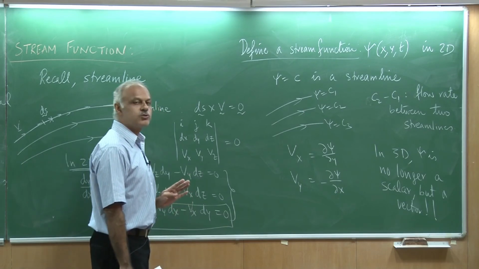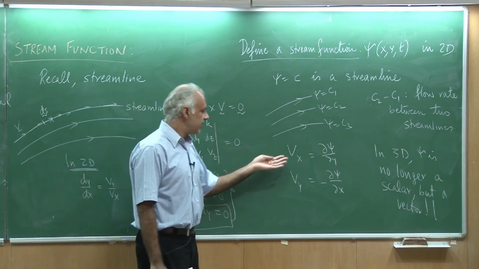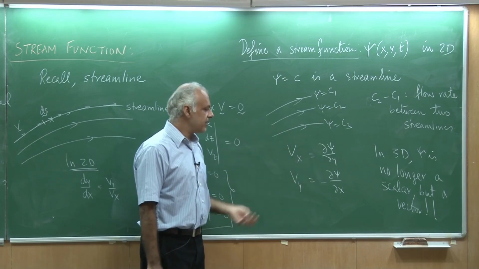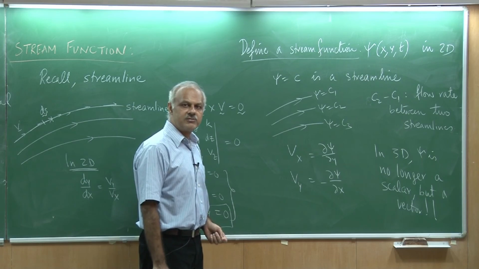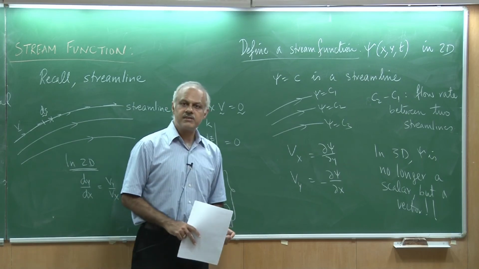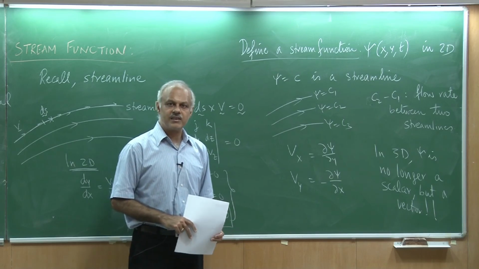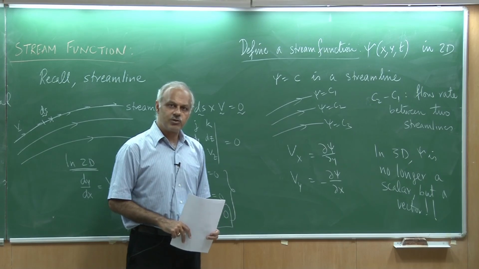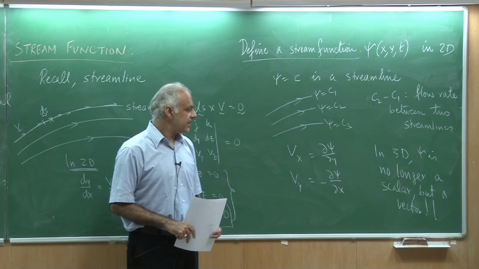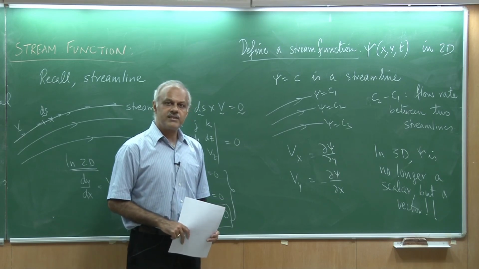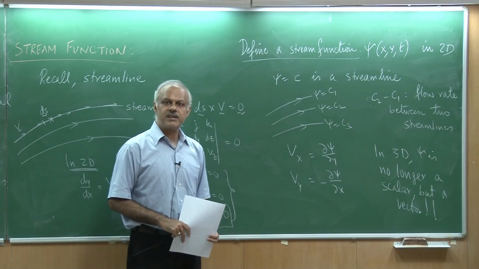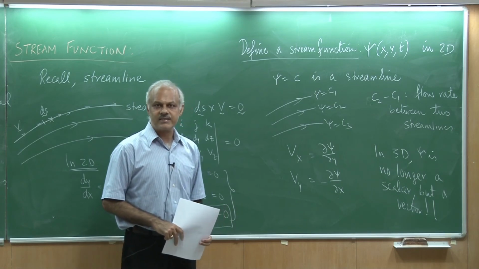However, if we restrict ourselves to 2 dimensions, then we can define a stream function psi and get the velocity field Vx and Vy by taking simply the spatial derivatives of this stream function. So now we have these 2 variables, psi and phi, the stream function and the velocity potential, and we will go back to the Euler equations which actually govern the flow for an inviscid fluid, and see that if further our flow is irrotational, how do these concepts of stream function and the velocity potential simplify our governing equation. We will do that in the next section. Thank you very much.